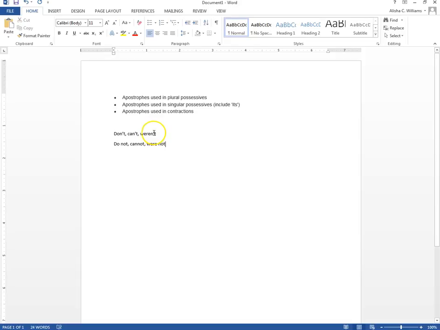Typically the apostrophe will replace the vowel. So as we can see, this O disappeared. Cannot is a little different because its expanded form is one word as well, but most contractions will expand to 2 words.